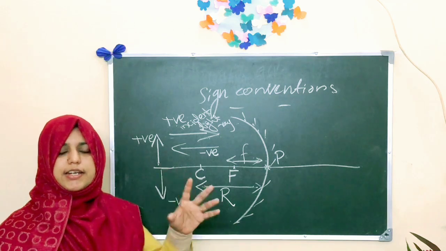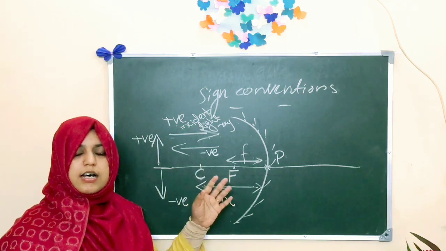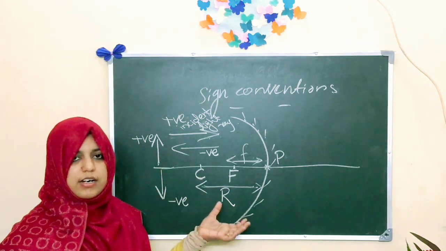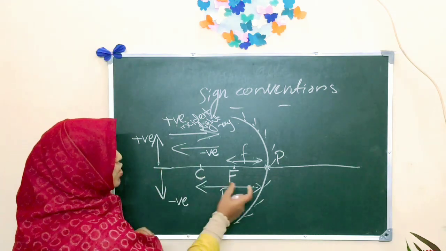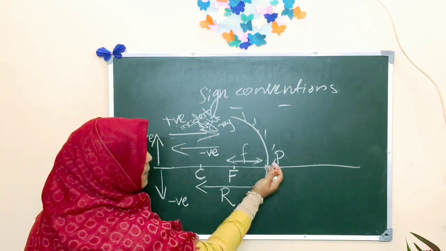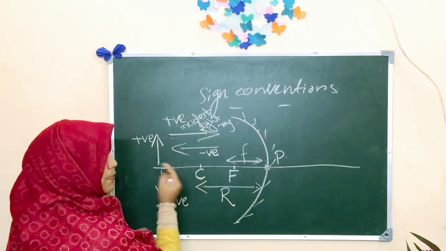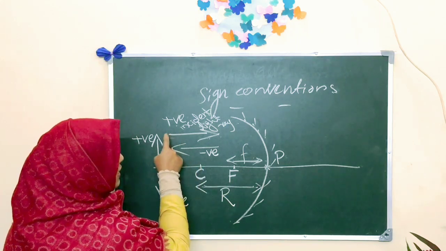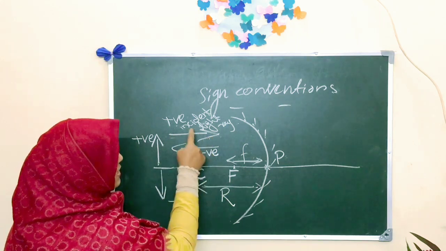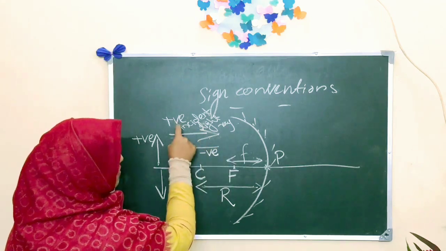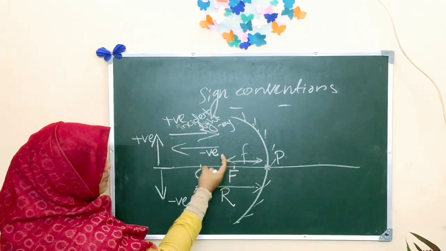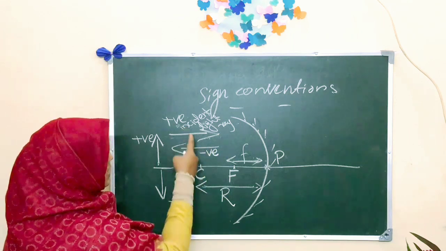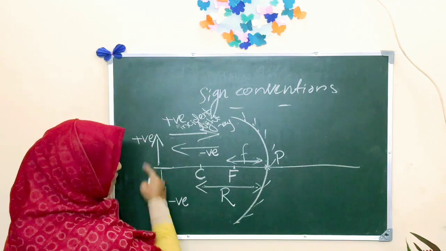These are the three sign conventions. First one, all distances are measured from the pole of the spherical mirror. Second one, distances measured in the direction of incident ray are taken as positive, while distances measured opposite to the direction of the incident ray are taken as negative.